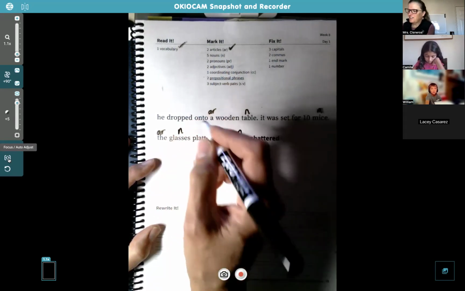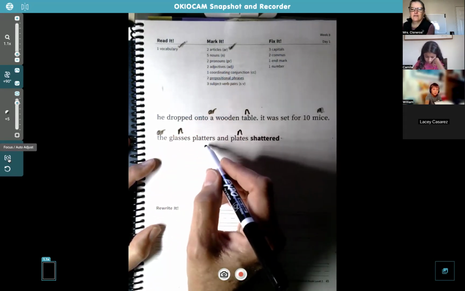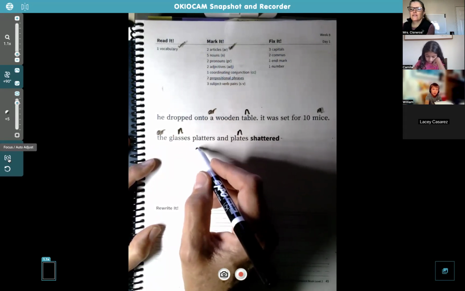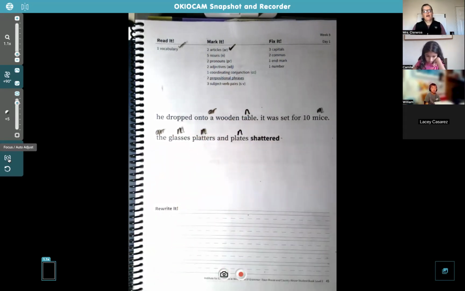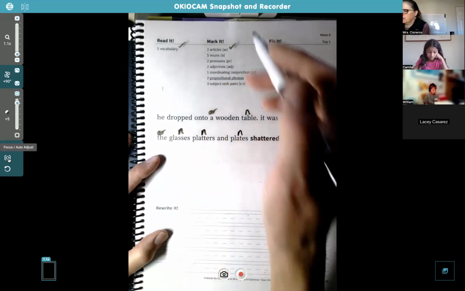And glasses. And then this one. You know this word? Platter. If you guys know, I always think of Thanksgiving, when you have all your awesome food and you put the turkey on a big plate, it's bigger than a regular plate. That's called a platter. When you have something on almost like a tray that you would serve something on, that's called a platter. Good, William.